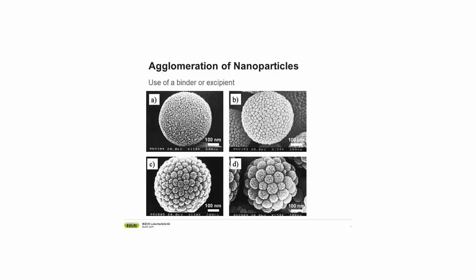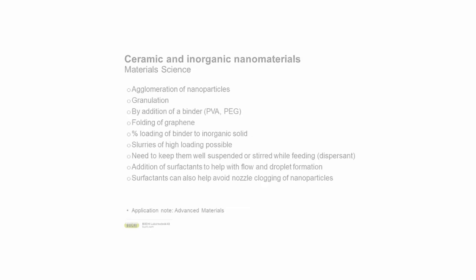Agglomeration of nanoparticles is really commonly used at the moment in the ceramic industry. It's something that's really trendy now. So this is quite a simple application. You have your nanoparticles, you use a binder or an excipient to make them stick together, and then you can spray dry them and agglomerate them.